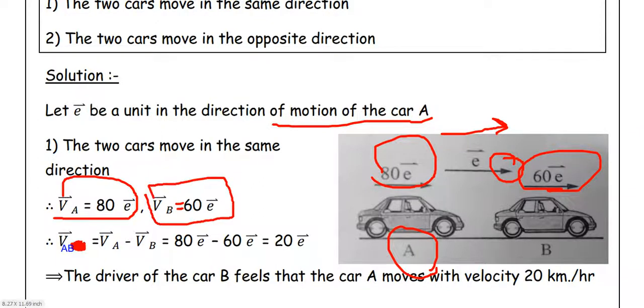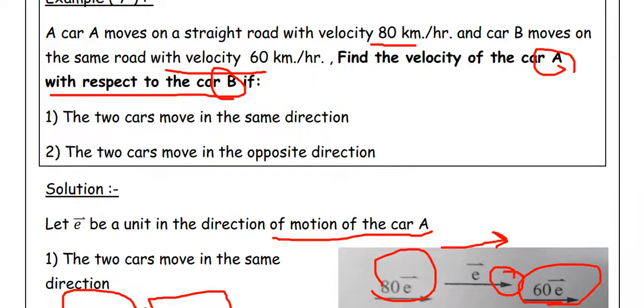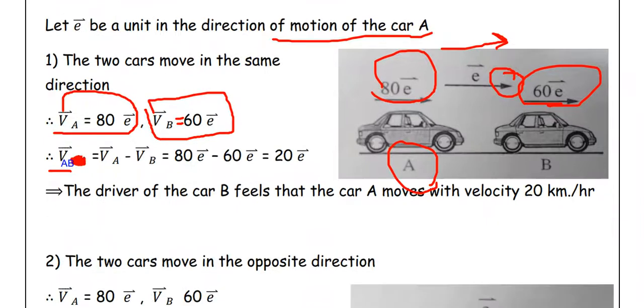So to get VAB, it's not VBA as written in your booklet, it is VAB, the velocity of the car A with respect to car B. So VAB equals VA, the first letter is the same, and the second one is VB.